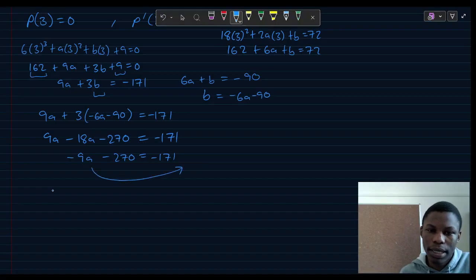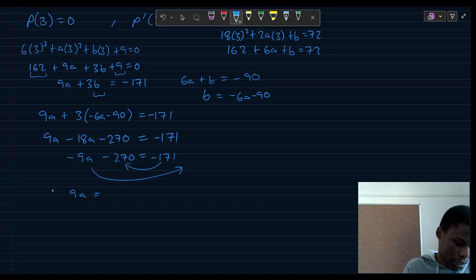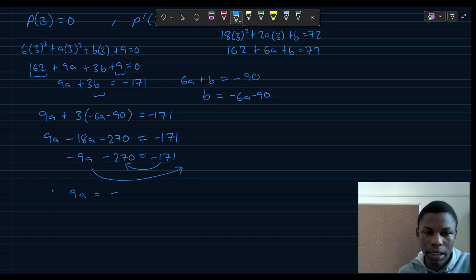I'll move this to the other side. So I've got negative 9a is equal to 171 minus 270, which gives us negative 99. Divide both sides by 9. We get that a has to be negative 11.